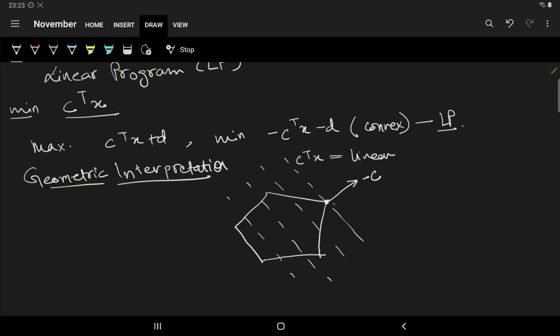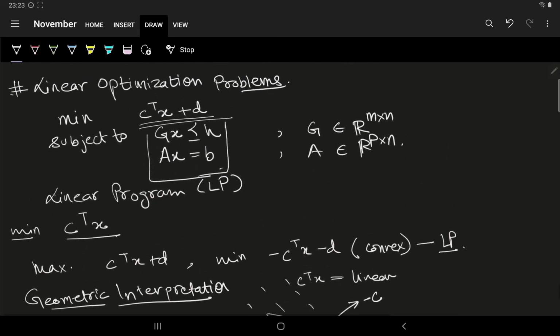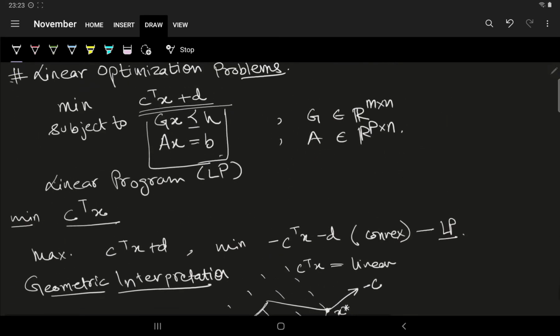Let's suppose this is x star, the optimal point, and this closed figure is the polyhedron that is the feasible set. This is the kind of geometry.